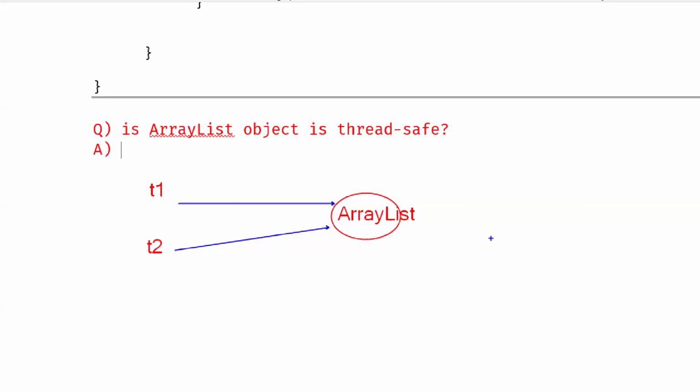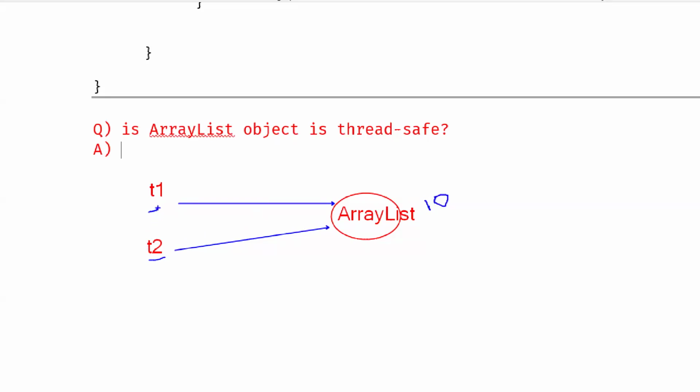So how many threads are sharing the same object? Two threads. This thread has some work, this thread has some work, but both the threads are using the same array list object. For example, if thread 1 is removing one element from this list, suppose this list has 10 elements. How many threads are using this? Two threads.